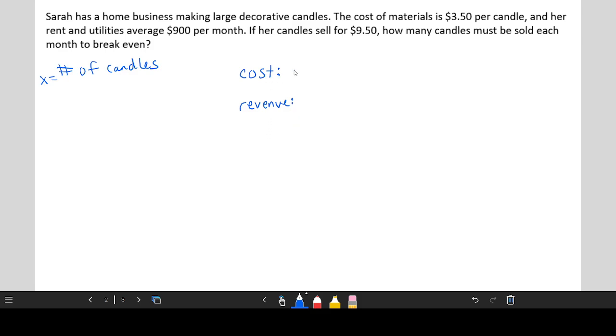So let's start with the cost. The cost is going to be $3.50 per candle. So 3.50 times however many candles she sells, which we're calling x. And then each month she also pays $900 for the other expenses.